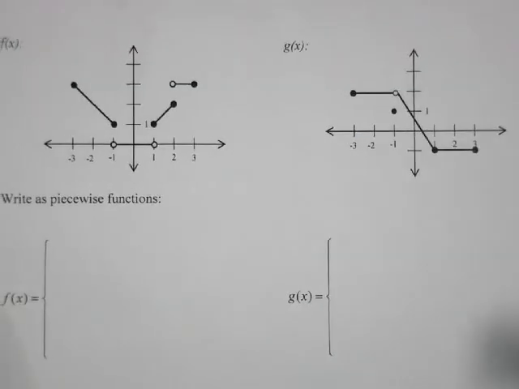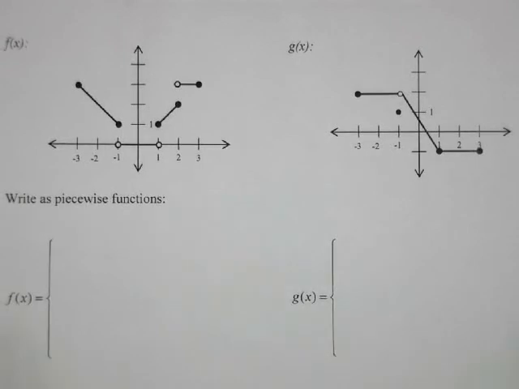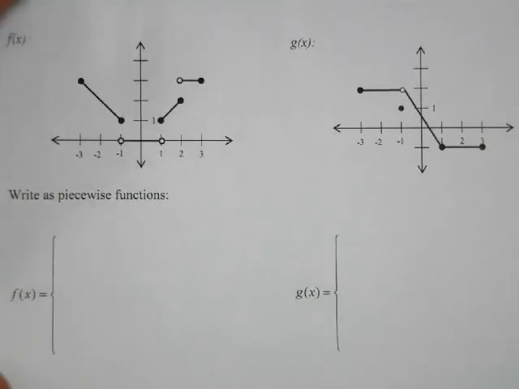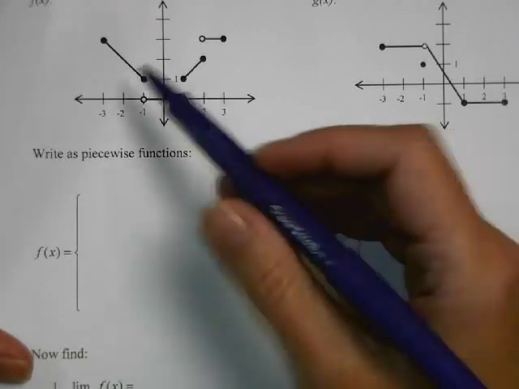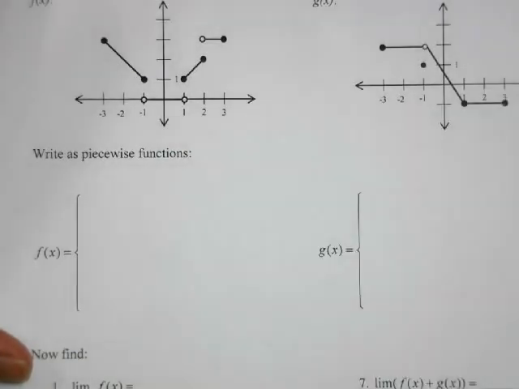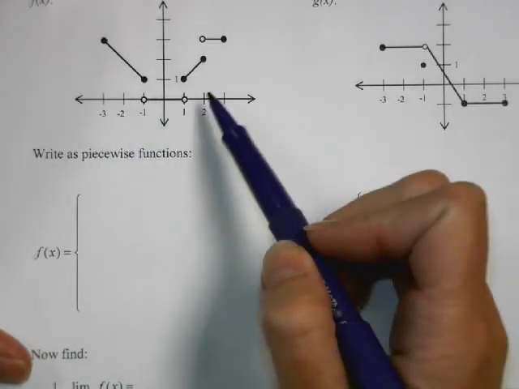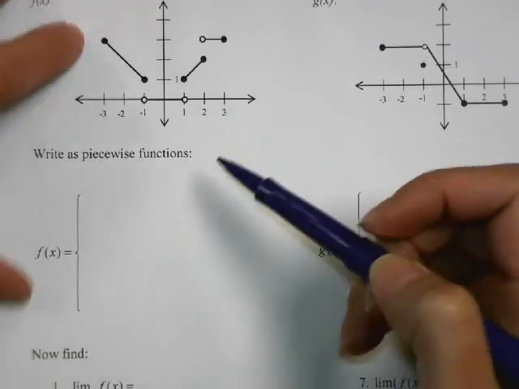Okay, now we're going to look at limits graphically, and a good way to illustrate this idea is with a piecewise function. So we have two piecewise functions here. First thing we're going to do is define the equations. We don't need that to do the limits, but it's just good practice. So for f of x here, we have 4 distinct parts. I'm going to start with the x values, and then I'll fill in the functions.